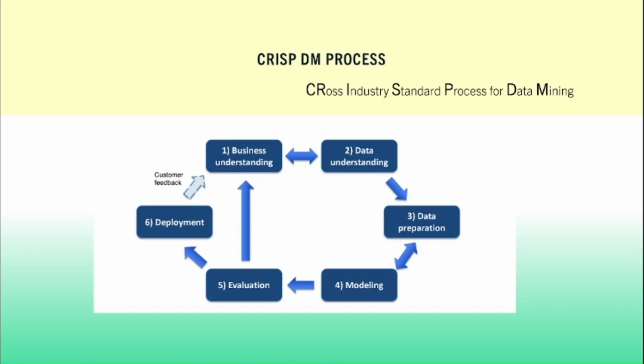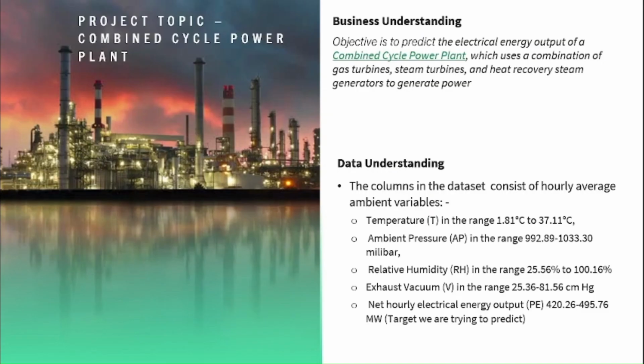We have been following the CRISP-DM process, which is the Cross Industry Standard Process for Data Mining, and we have all these steps that we'll be looking into. To begin with the topic, what I have been assigned is the combined cycle power plant.